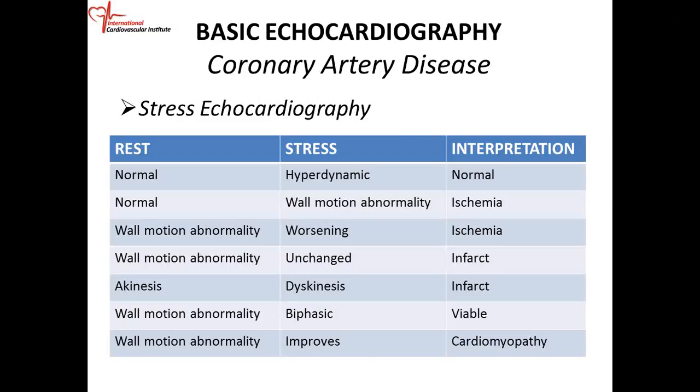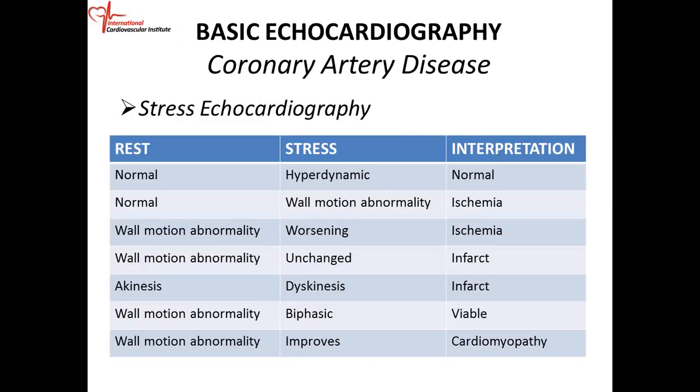So again, you do your echo at rest. You want to look at wall motion, and you want to overall assess ejection fraction. And then when you exercise the patient, you stop the treadmill suddenly, and you bring them under the bed, and then you repeat your echoes.